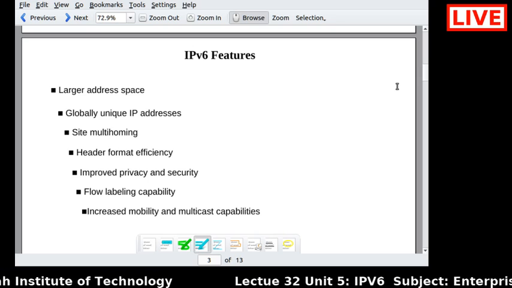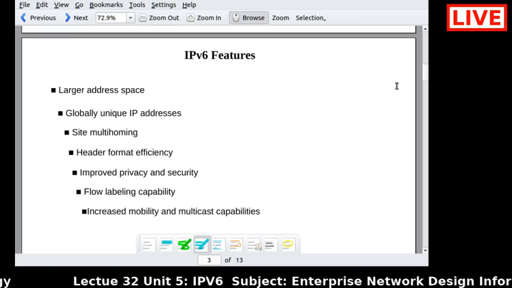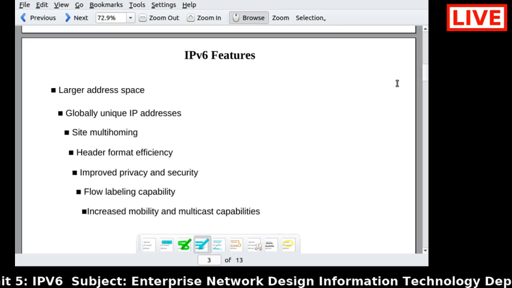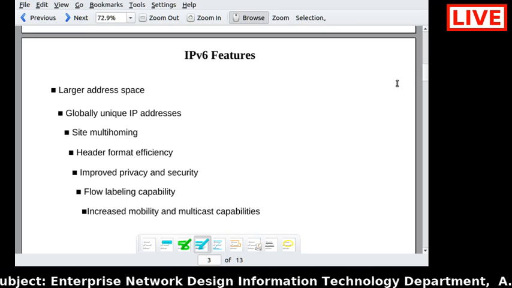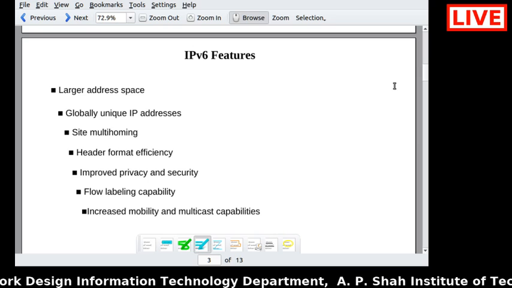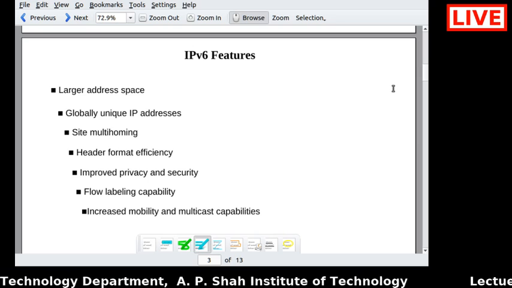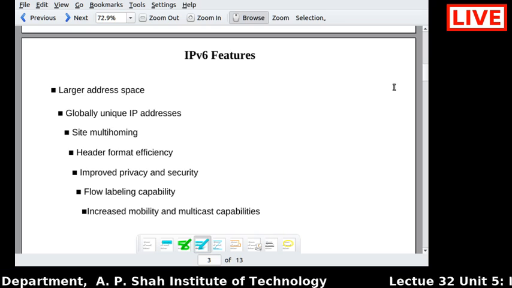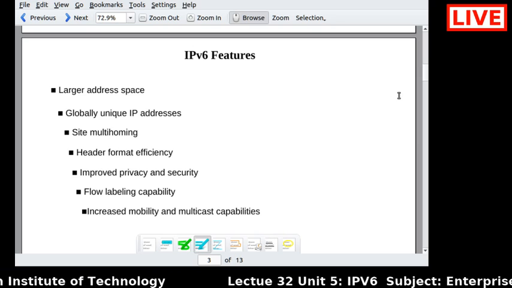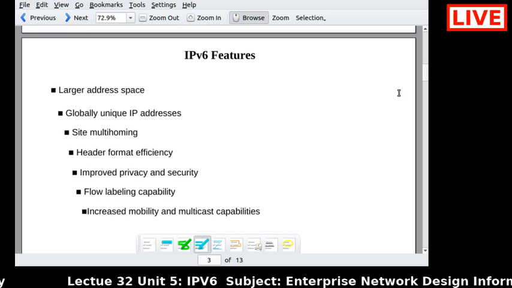It has a larger space, and if you are talking about hierarchical addressing, IPv4 is not meant for that, right? So that disadvantage is overcome here, and IPv6 satisfies all the increasingly complex requirements of hierarchical addressing in an organizational network, right?